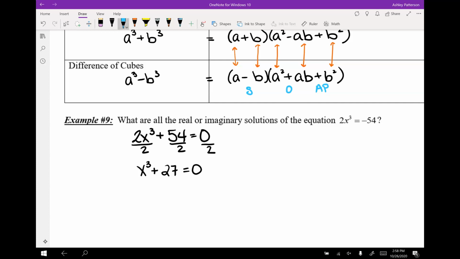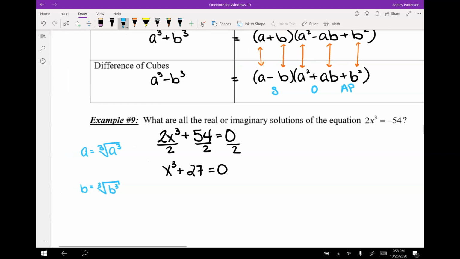Well, a is the cube root of whatever a cubed is. b is the cube root of whatever b cubed is. So for the purpose of example 9, a is the cube root of x cubed, thus it is just x. b is the cube root of 27, which means it is just 3.